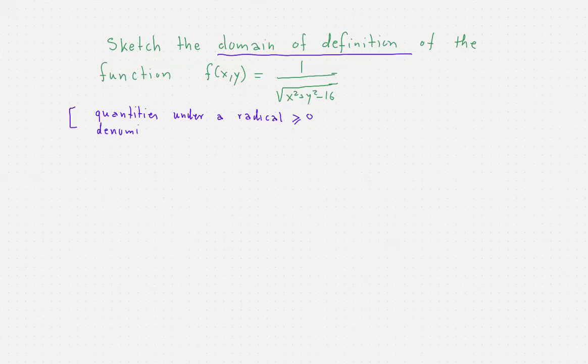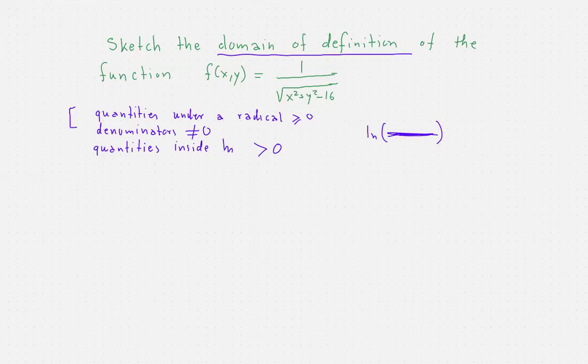And we might add to it that quantities inside ln should be positive. And when I say quantity inside an ln, I mean the whole thing, the quantity, not the individual components. Same thing for here. I want x squared plus y squared minus 16 to be positive. I don't want x to be positive or y to be positive.